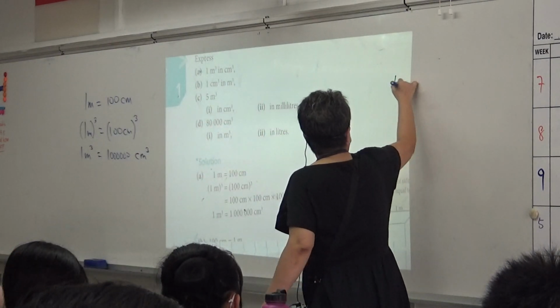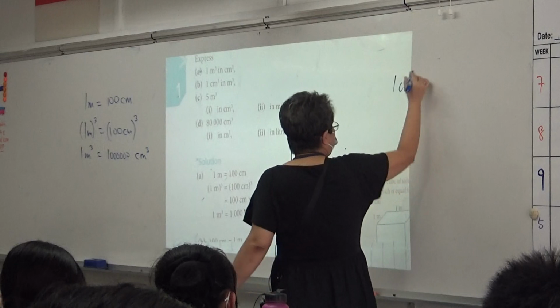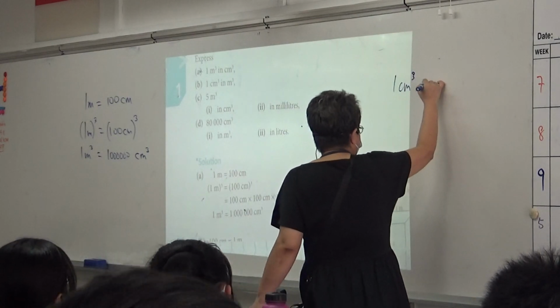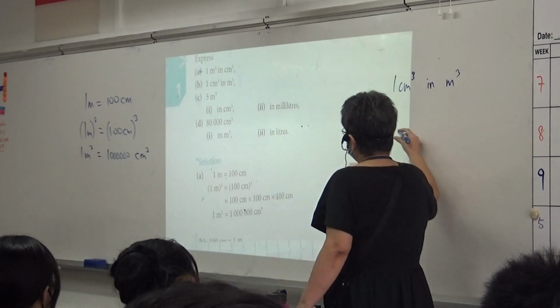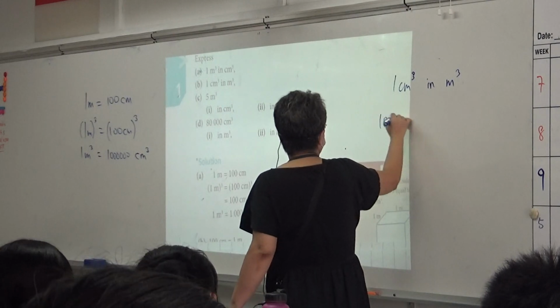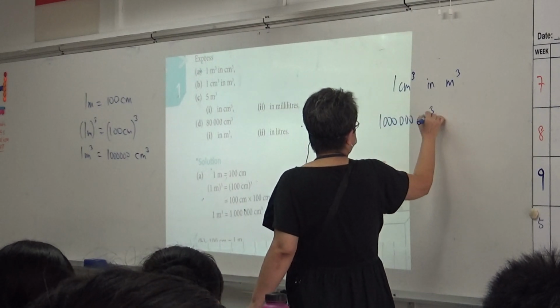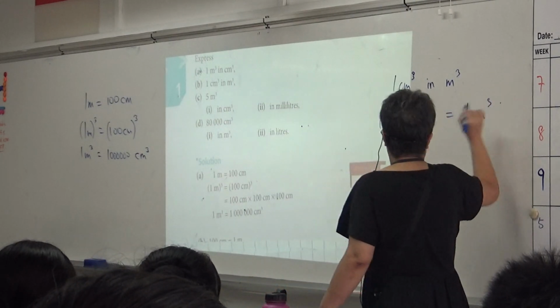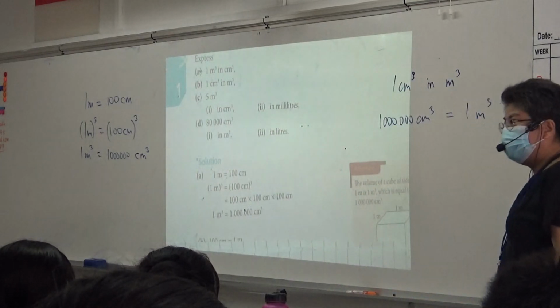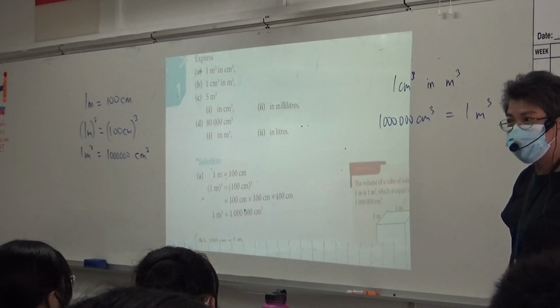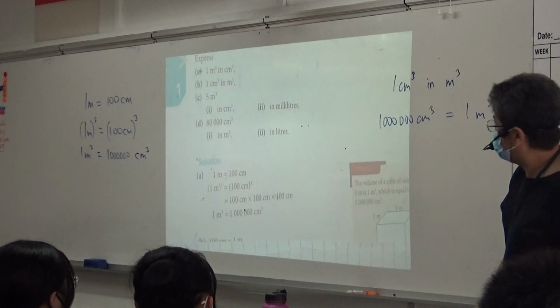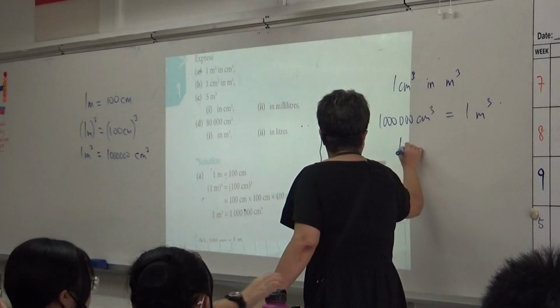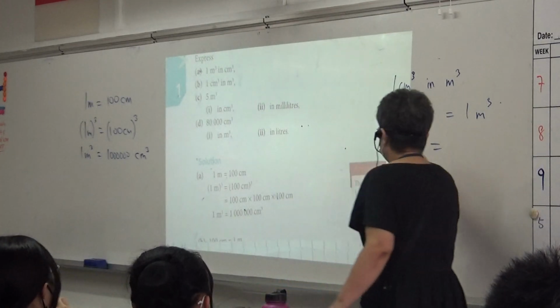Now, remember I always line up. They want to find 1 cm cube in meter cube. Now we know from the previous part, like that, right? 1 million cm cube is 1 meter cube, right? Agree? Now they want what? 1 cm cube. Remember I said to line up?